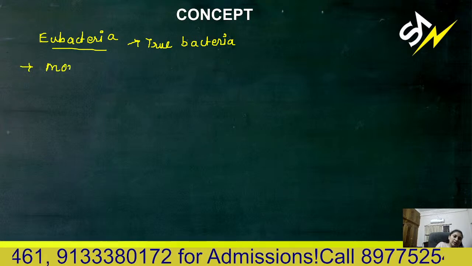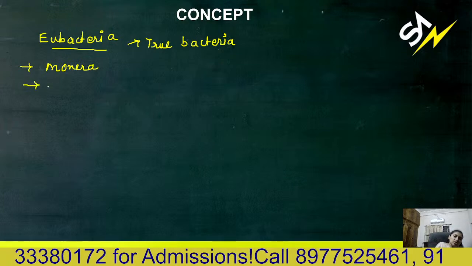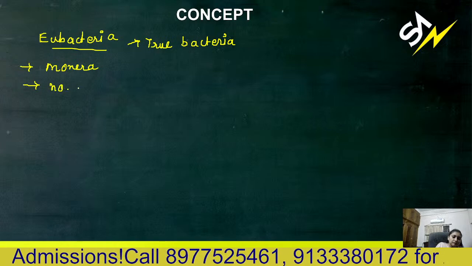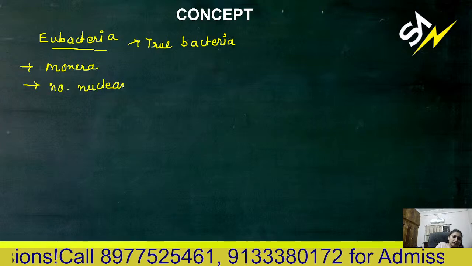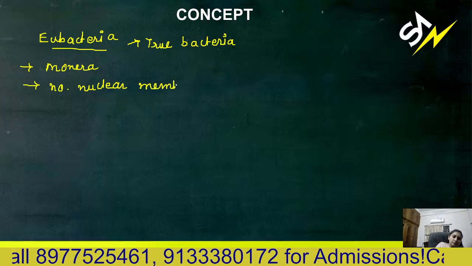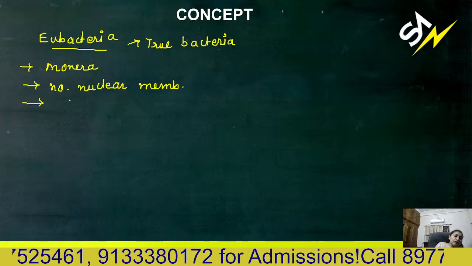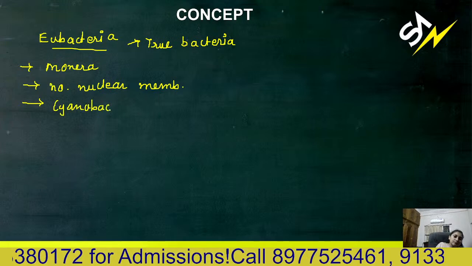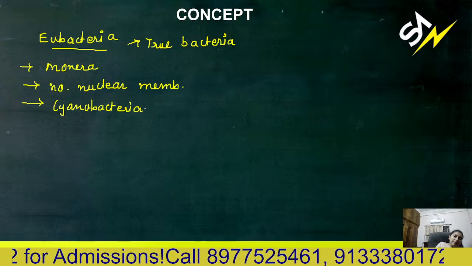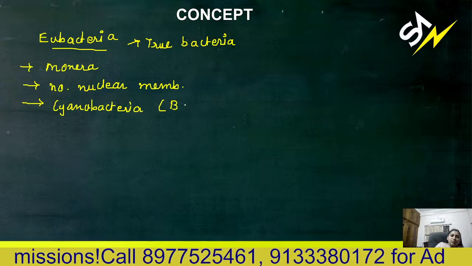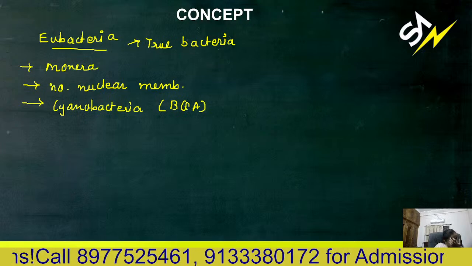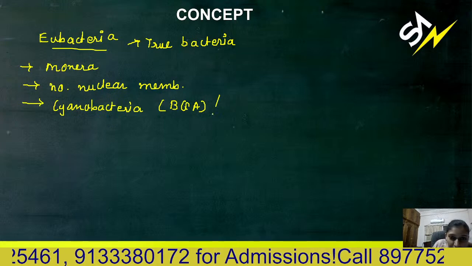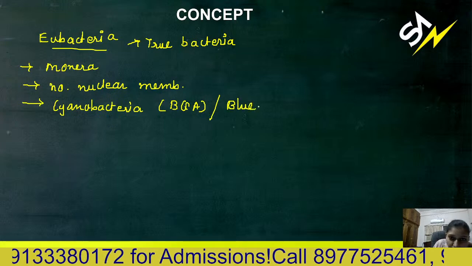It is Monera only. So no nuclear envelope, or you can say nuclear membrane. It includes photoautotrophs like cyanobacteria. Cyanobacteria are also known as blue-green algae. Another common name of cyanobacteria is blue-green algae.